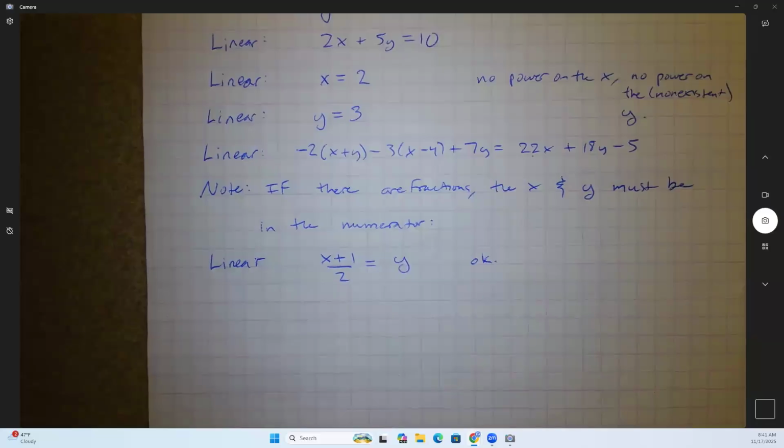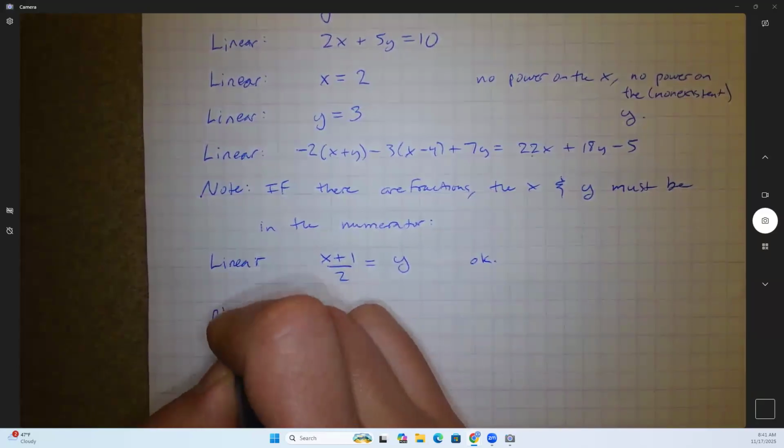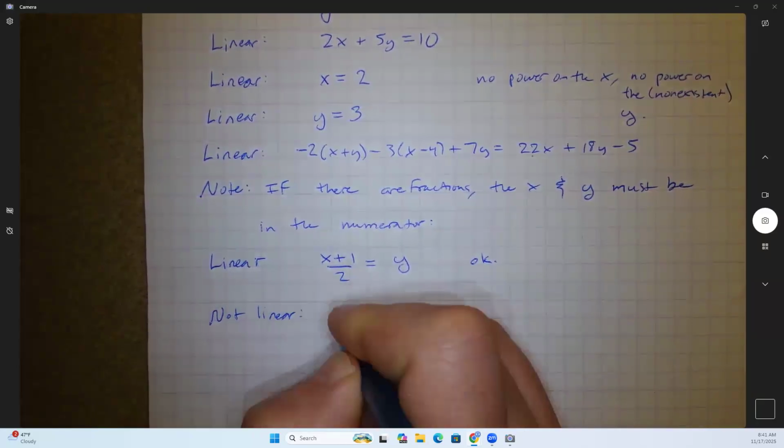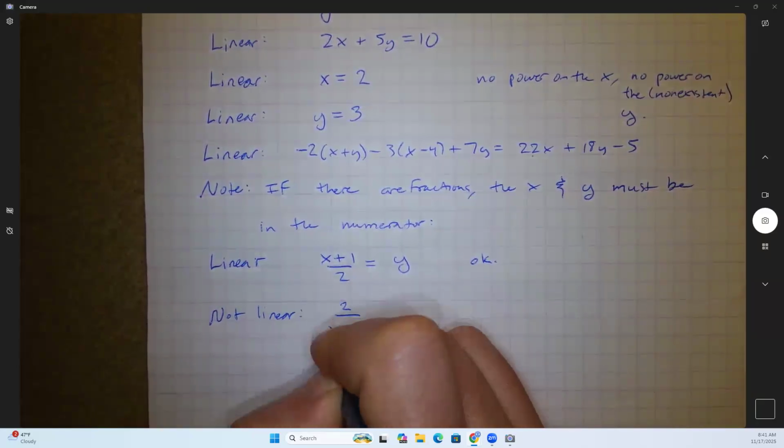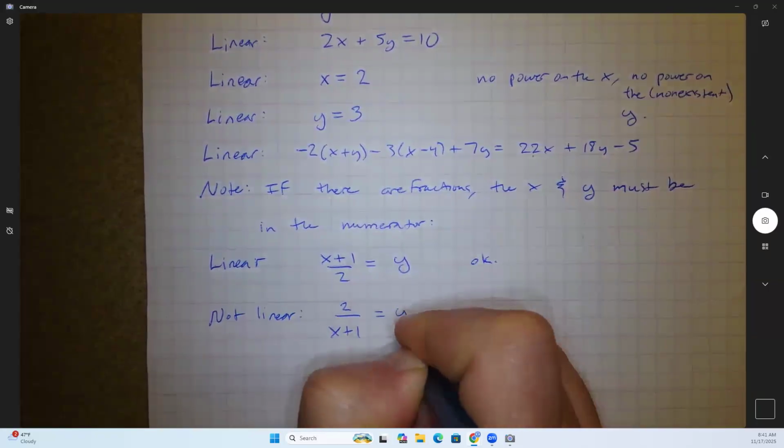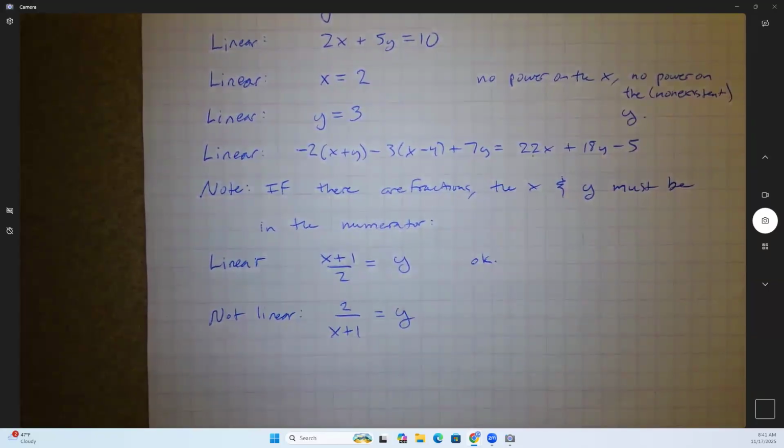That's linear. But it's not linear if one of your letters is in the denominator.